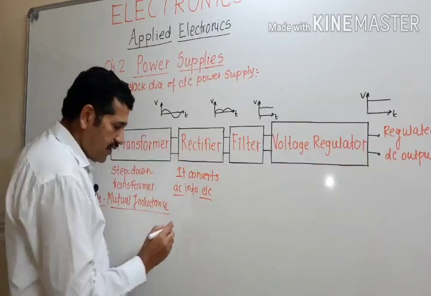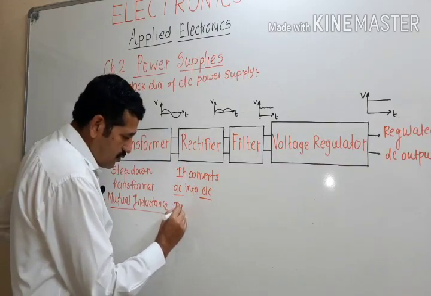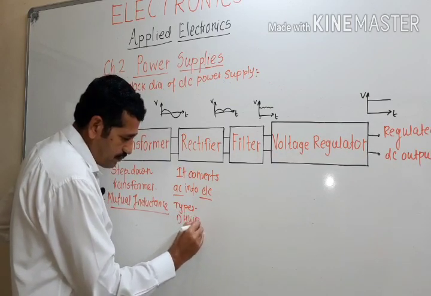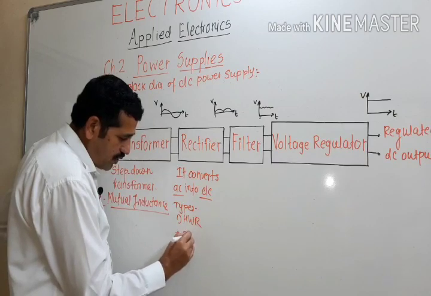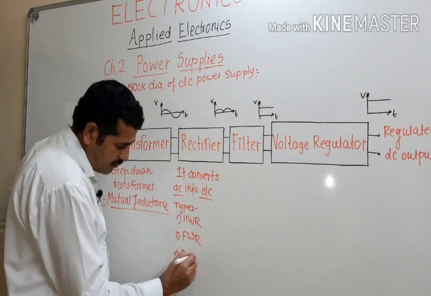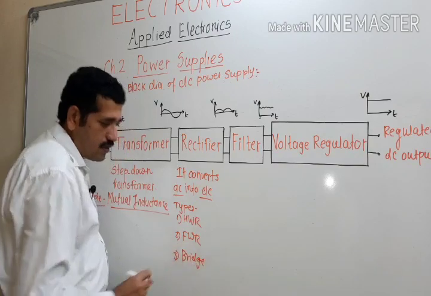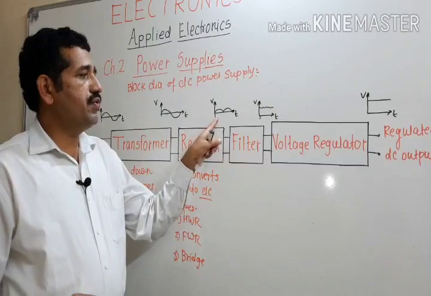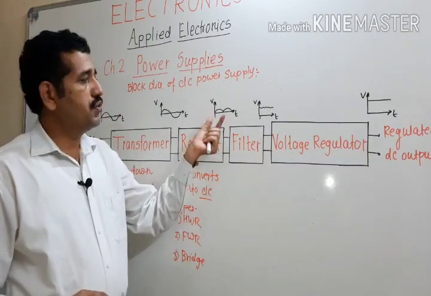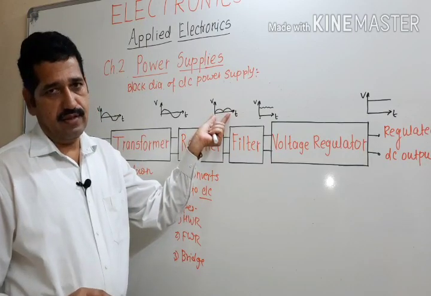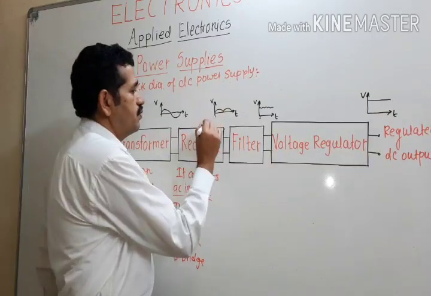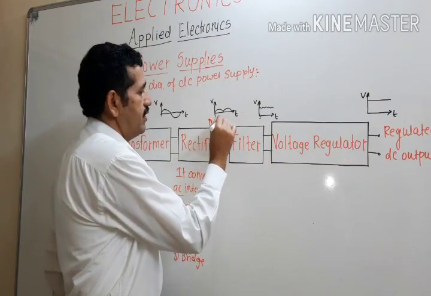Now the types of rectifiers are half wave rectifier, full wave rectifier, and third one is bridge rectifier. Usually full wave rectifier and bridge rectifiers are used to get output like this. But this output is pulsating DC.